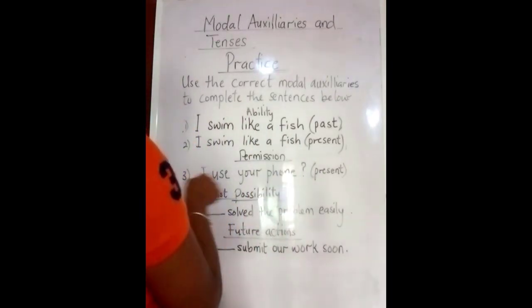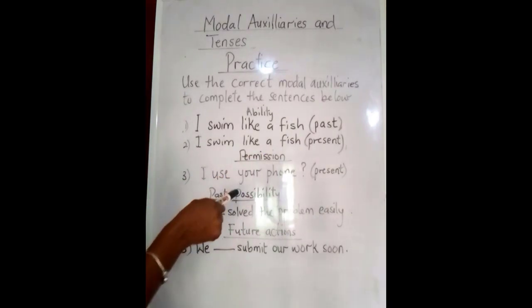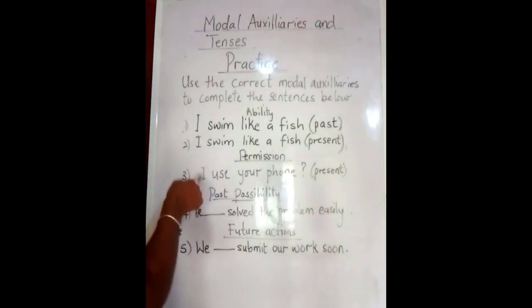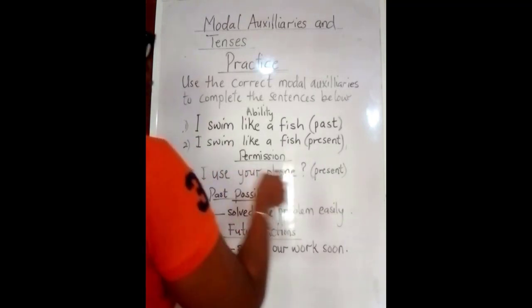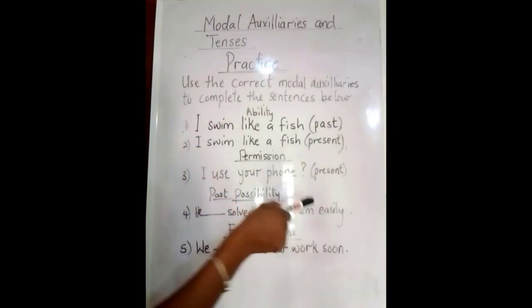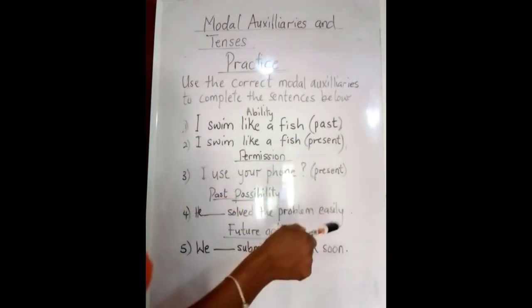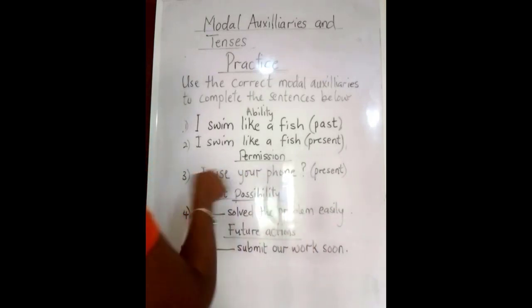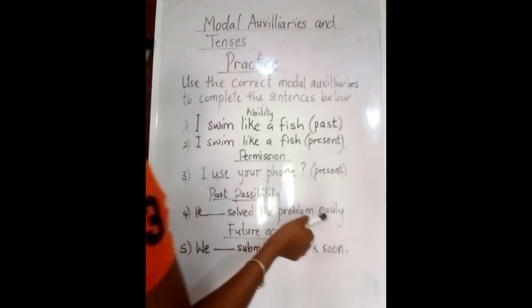Now the third one here is for permission. Okay, for asking permission. I use your phone. Now pick the correct modal auxiliary from the ones we have explored to complete this sentence, to make it a complete sentence asking permission.